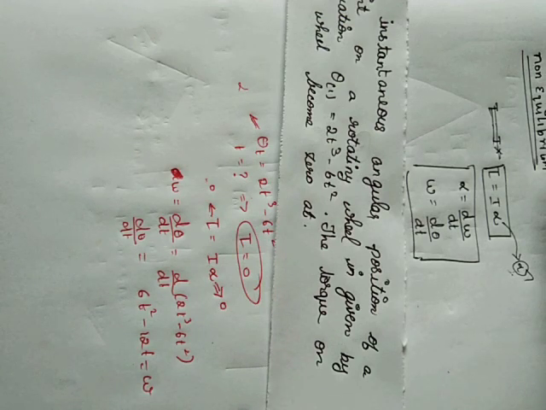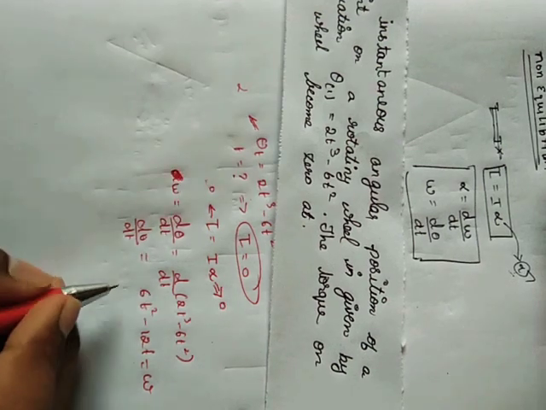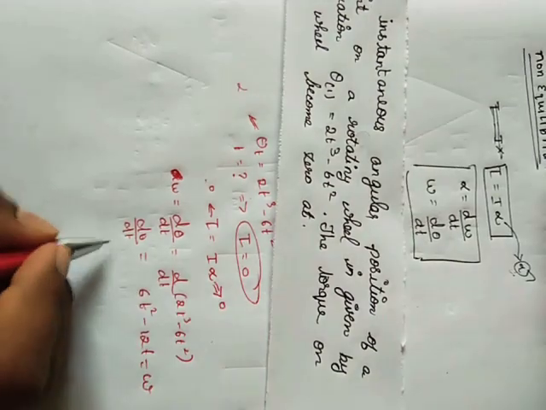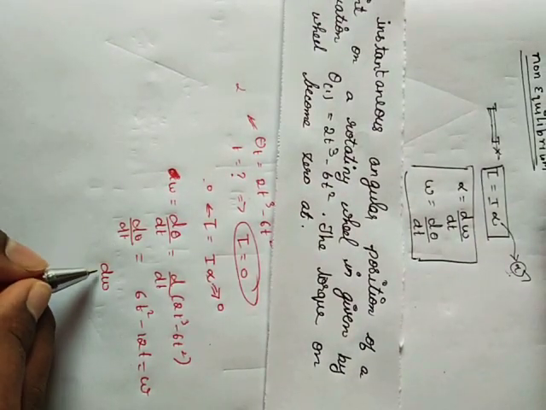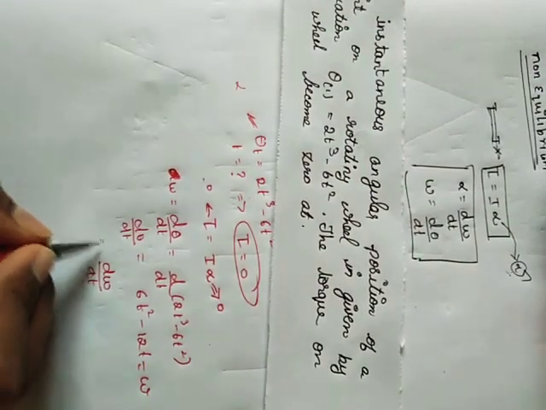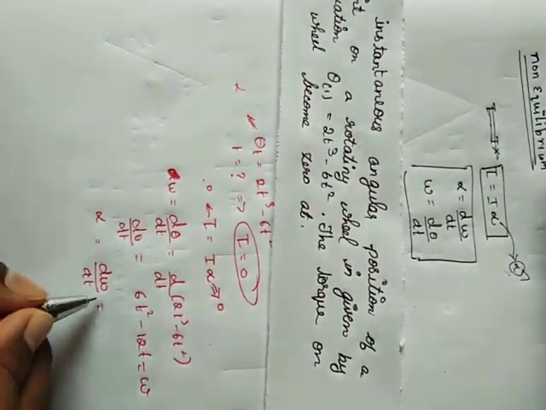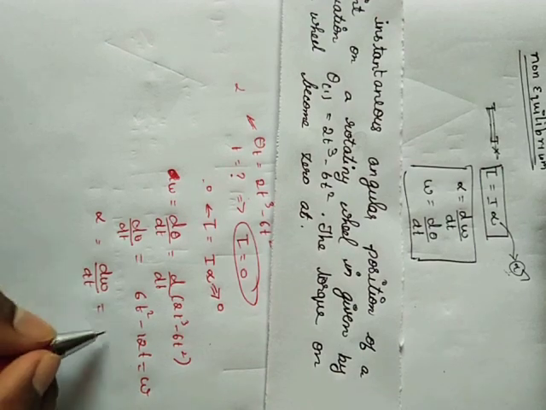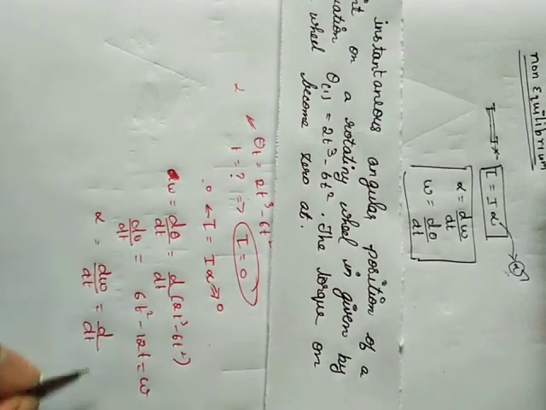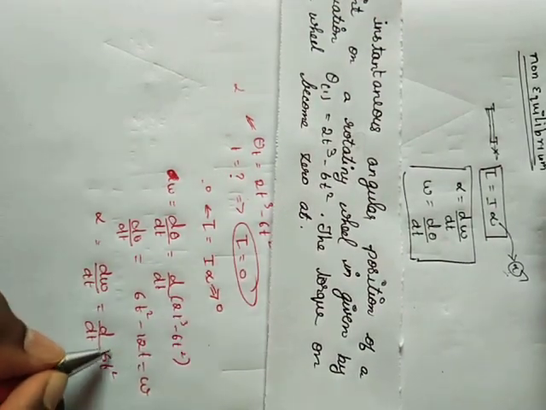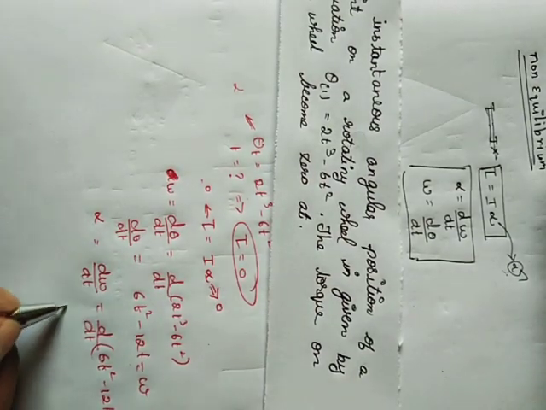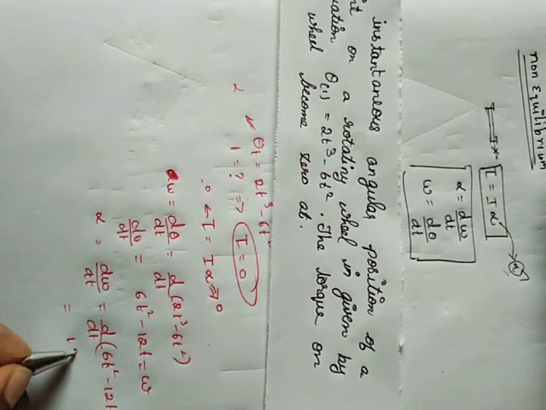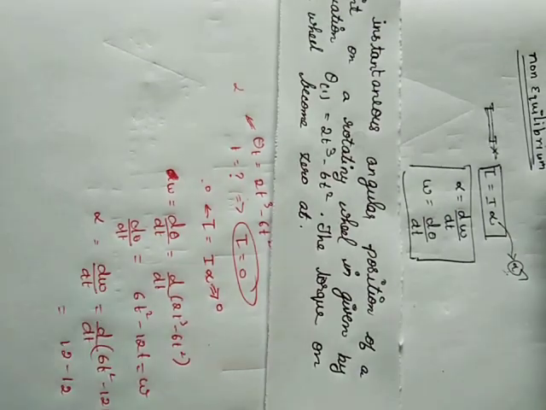Now I need to find the angular acceleration. So I differentiate again, since the change in angular velocity with respect to time is acceleration. I already have the angular velocity, 6t square minus 12t, and differentiating it again gives 12t minus 12.